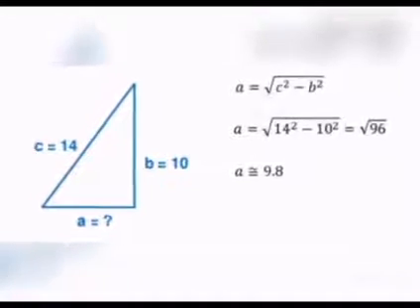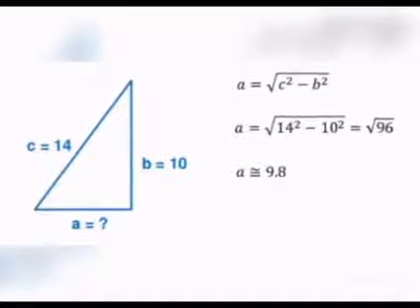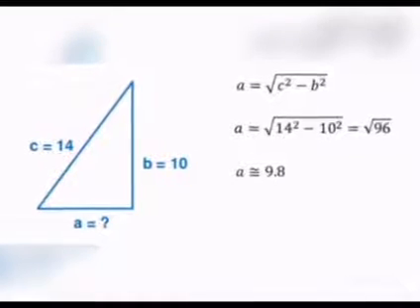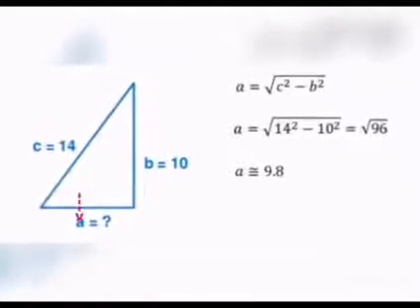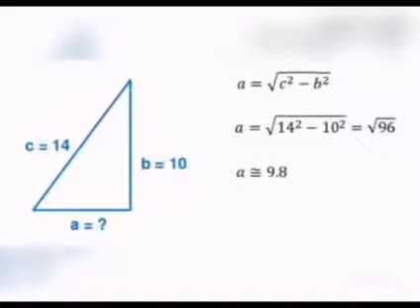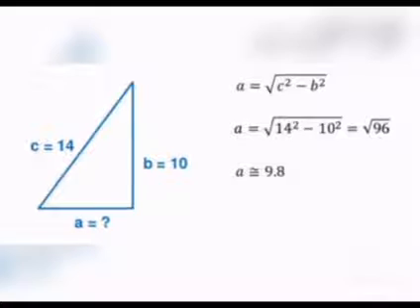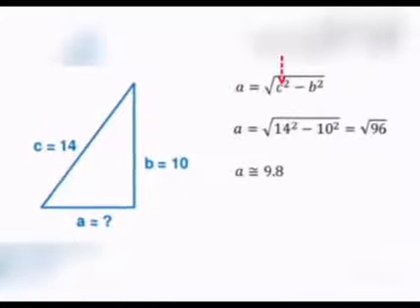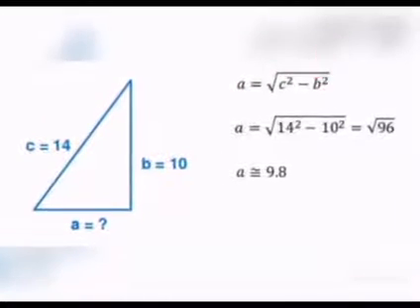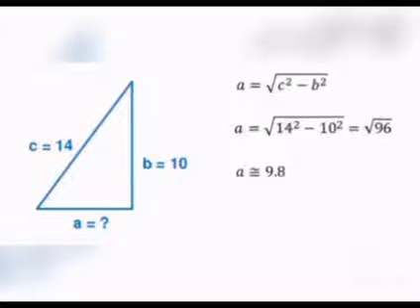Let us find the missing length a in the triangle. Looking at the triangle, you would notice that a is an adjacent side. Therefore, applying the formula, we'll have that a equals square root of c squared minus b squared.